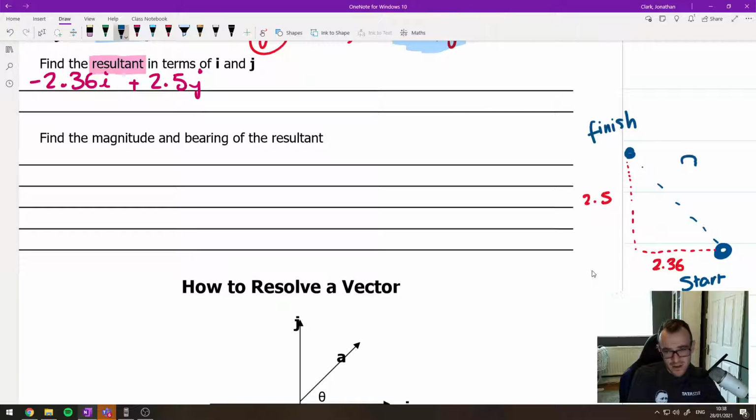Finding the magnitude is finding the hypotenuse of this right angle triangle. So I'll put these numbers into Pythagoras. I'll have 2.36 squared plus 2.5 squared.